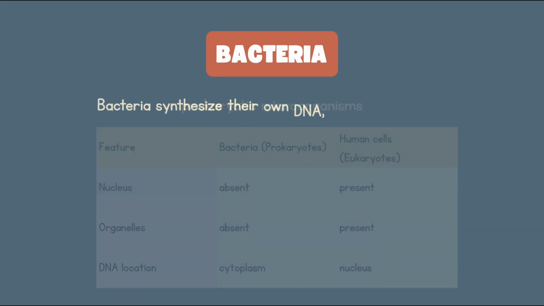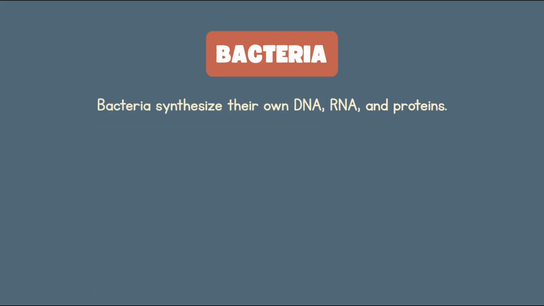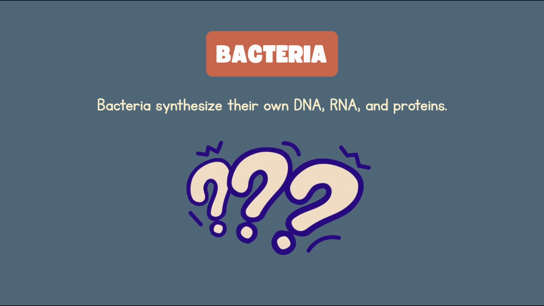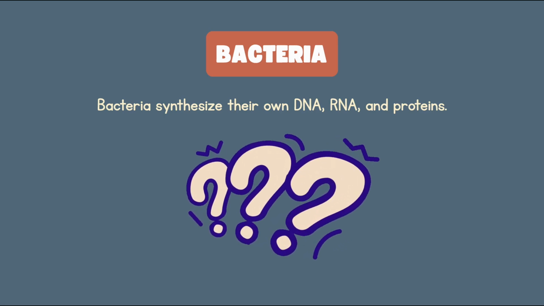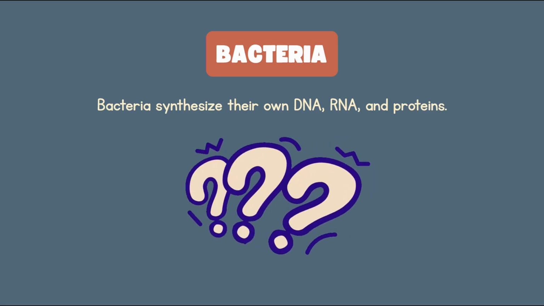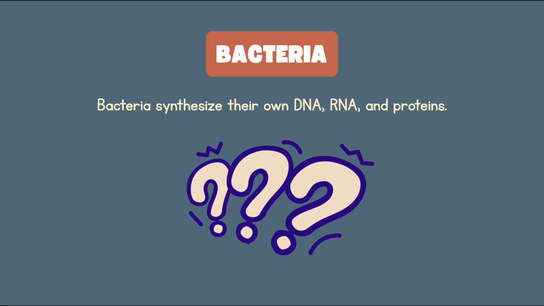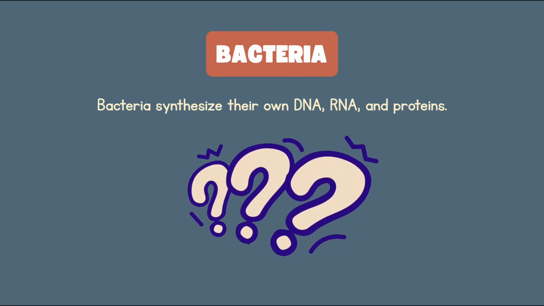Another important point about bacteria is that they can synthesize their own DNA, RNA, and proteins. So they are basically independent living organisms. So why do they infect host cells? What do they need from them? The host cells provide a favorable environment, so better temperature, better nutrients, etc. And so that's why they infect them.